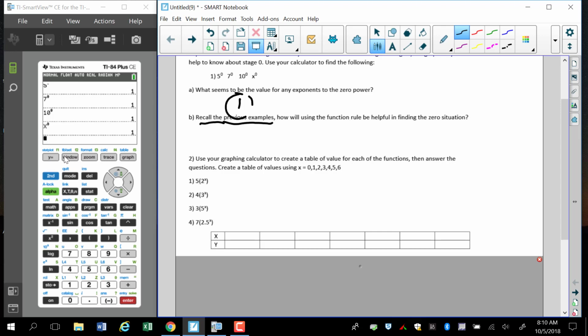So go over to your calculator over here, hit the y equals, just turned red. And let's put this in there, the 5 times 2 to the x. So you can do this 5 just the way you see it, parentheses, 2. If you want to get to the power of x, use this little up arrow key here, right below the clear, to the x. And this is important to note here to just kind of take a pause and stop. See how this cursor is up here next to the x.